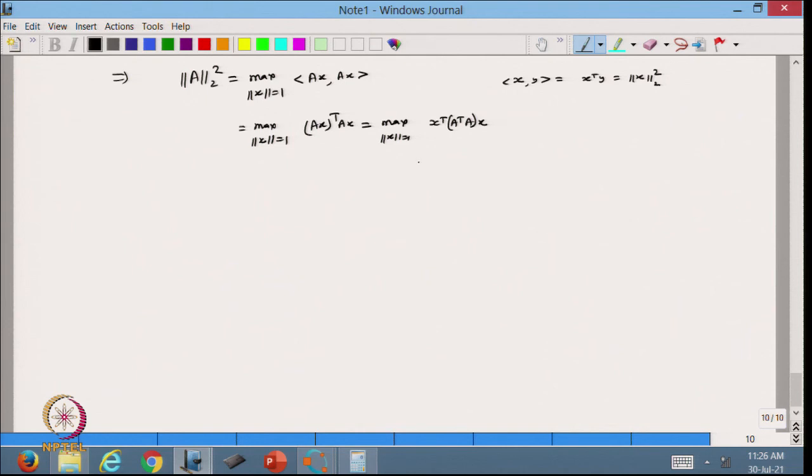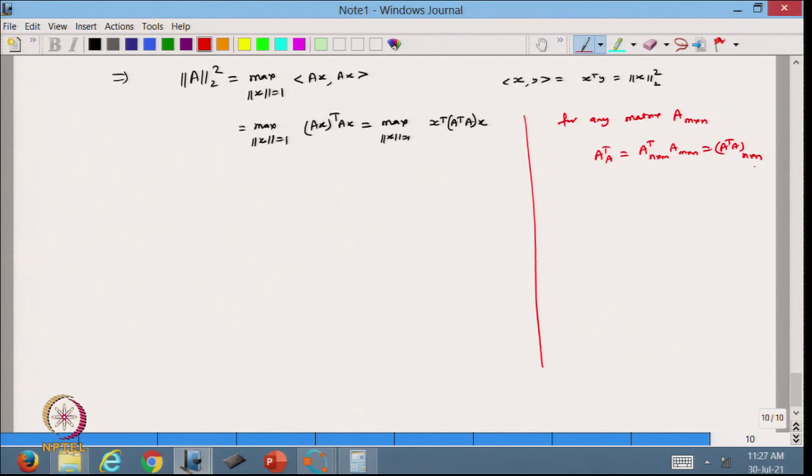Now, from here I know that for any matrix A of order m cross n, does not matter, A transpose will be n cross m, and this will be m cross n. So, A transpose A is always n cross n.